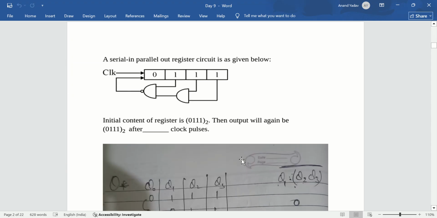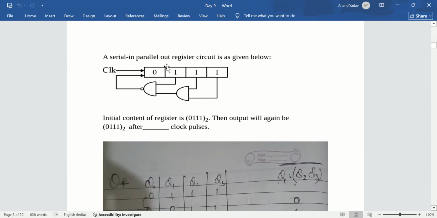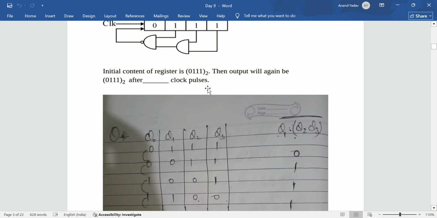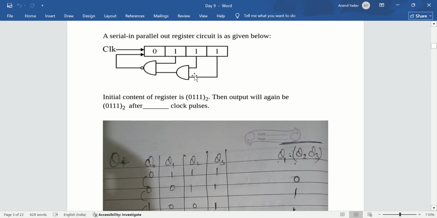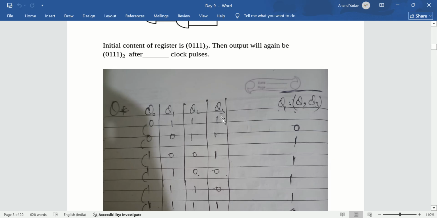Now next one is: a serial in parallel out register circuit is as given below. So these are the initial states. When you apply the clock, there is an AND operation and there is a NAND operation. So after performing these operations, on the first clock it will get this.